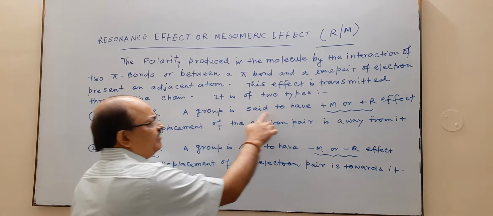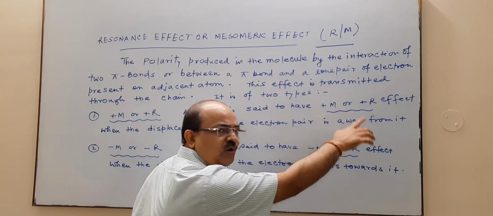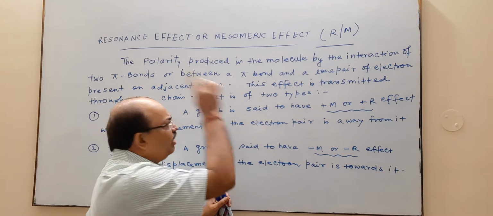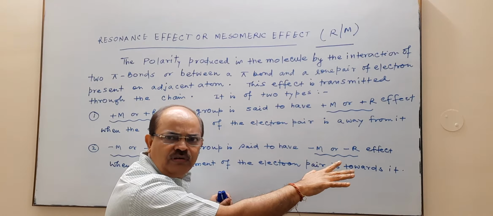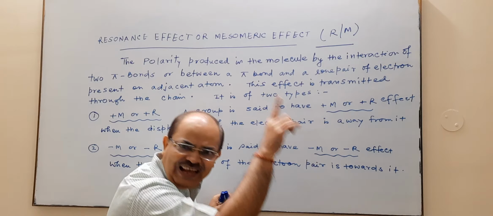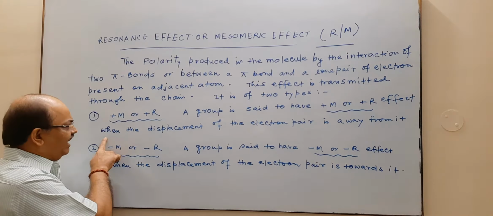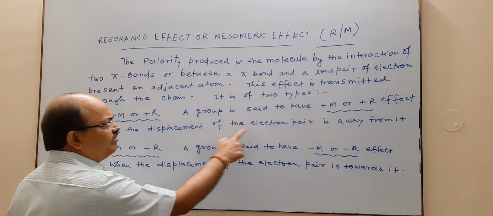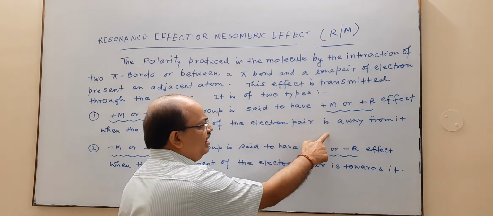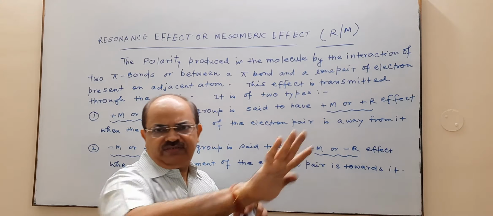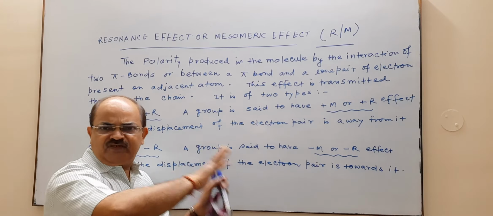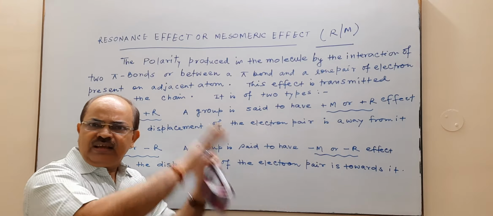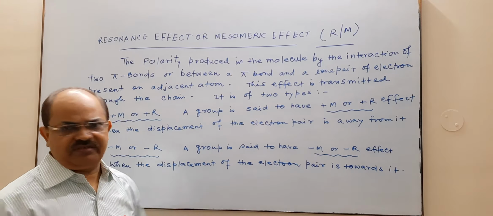So a group is said to have plus M or plus R character when the displacement of the electron pair is away from it.